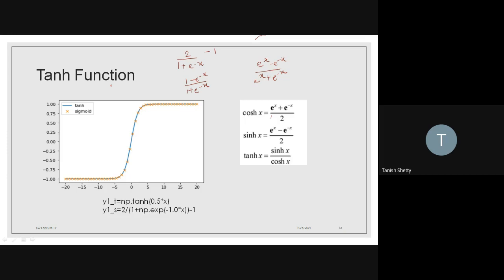And since it's 0.5x, instead of e raised to minus 2x, it'll become e raised to minus x. In fact, if instead of the argument being x, I try to find out tanh of x by 2, then this term that I've written will be equivalent to this.